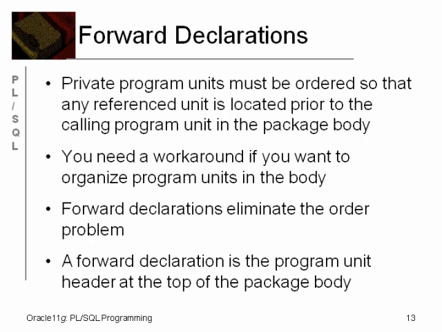Well, it's the same thing in the body. You can't use something that's private until it's been read into the system. If it's in the package specification, it's read in and known about immediately. But since private program units are not in the specification, the order that they appear inside the body matters. And sometimes we try to organize when packages get really big.